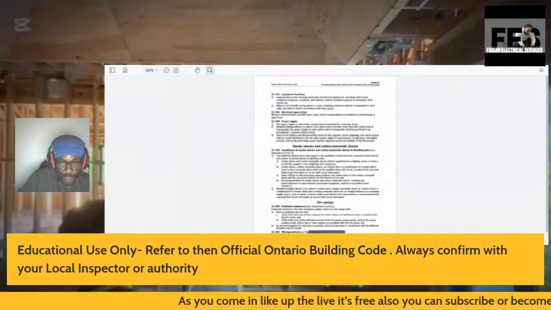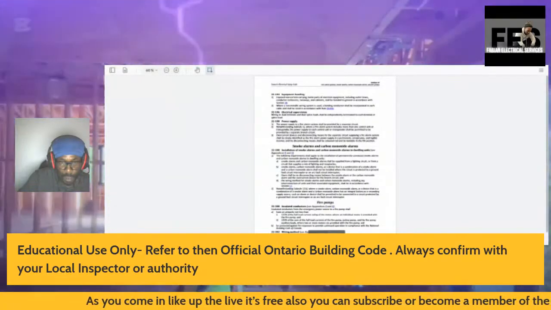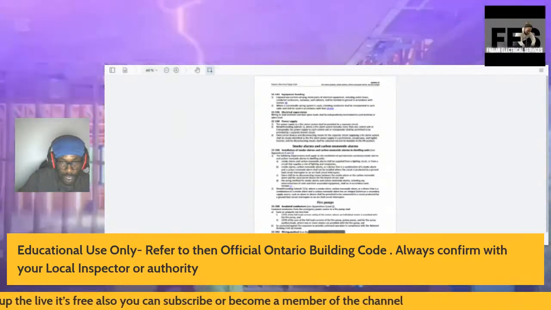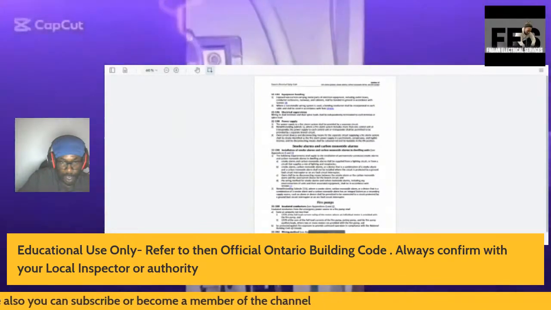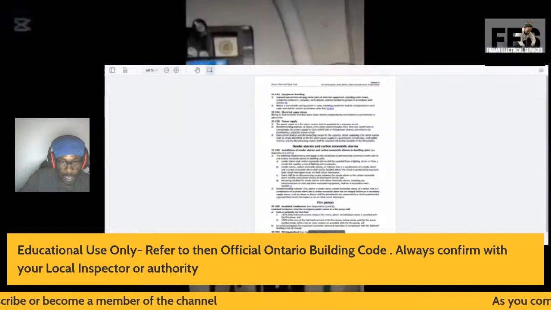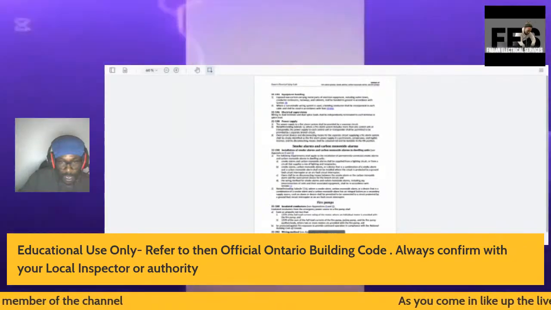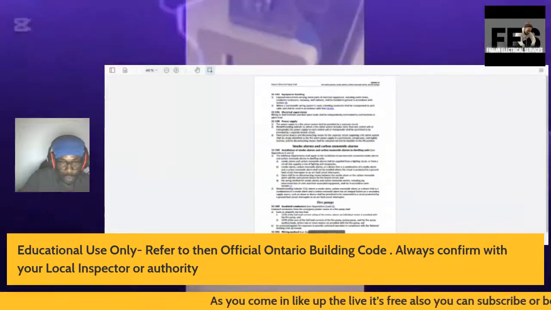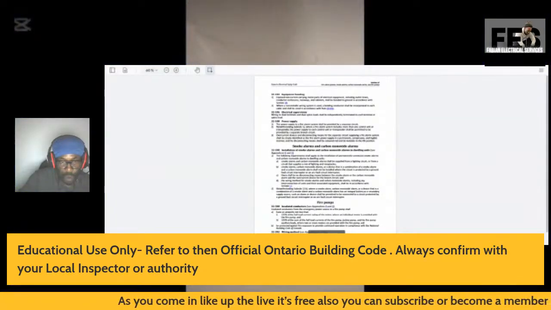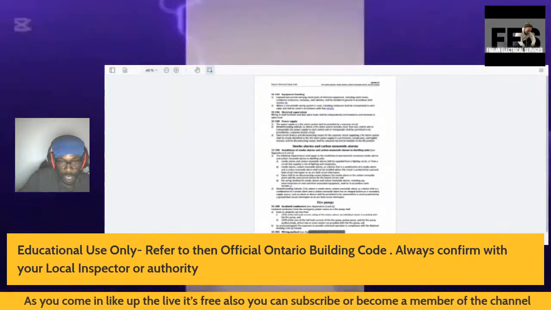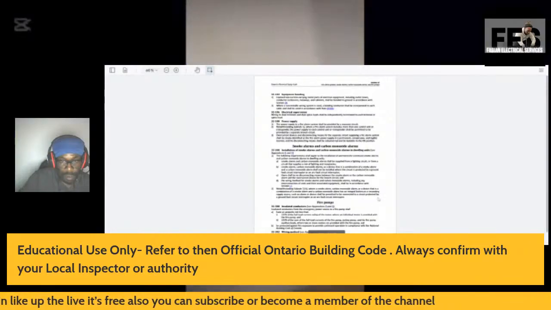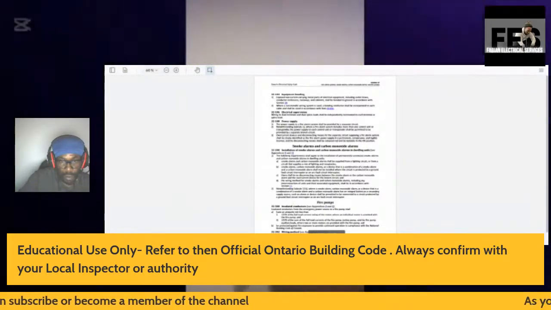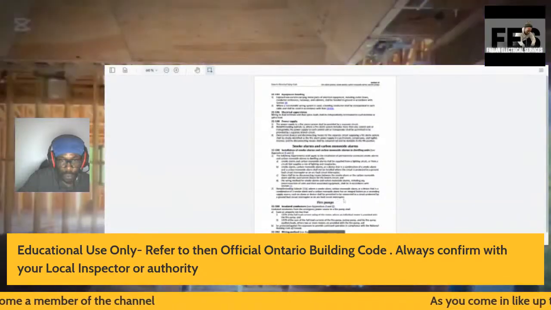It's basically saying where a smoke alarm, carbon monoxide alarm, or a device that is a combination of a smoke alarm and a carbon monoxide alarm has an integral battery as a secondary supply source, such an alarm or device shall be permitted to be connected to a circuit protected by a ground fault circuit interrupter or an arc fault circuit interrupter.